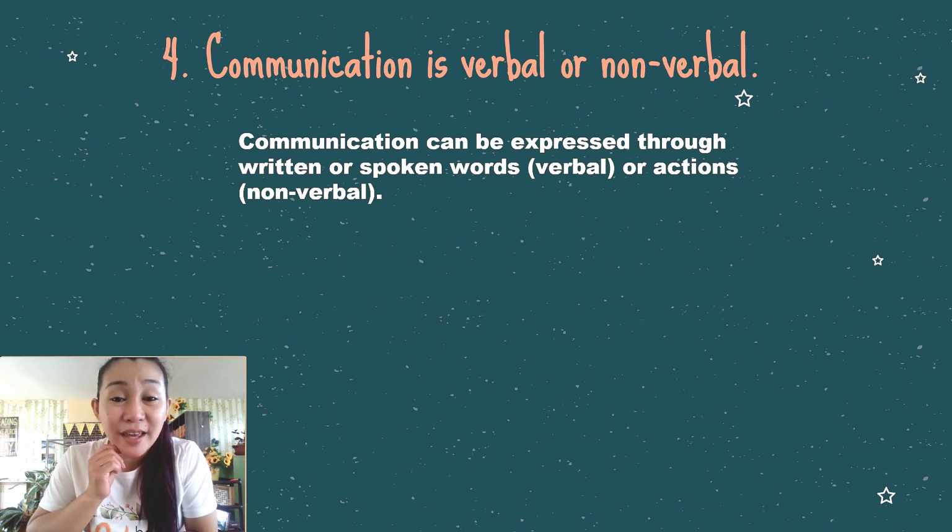When we are happy, we are smiling, and that is an example of gestures. Those are examples of actions, diba? Are you familiar with the saying that goes, actions speak louder than words? It is because even actions could really send messages to other people.